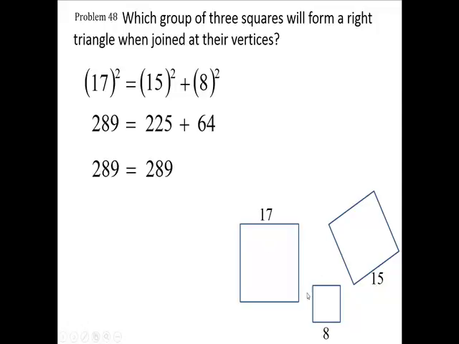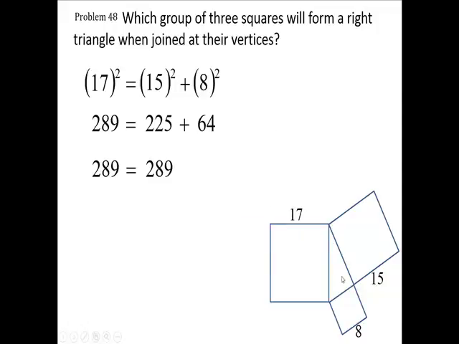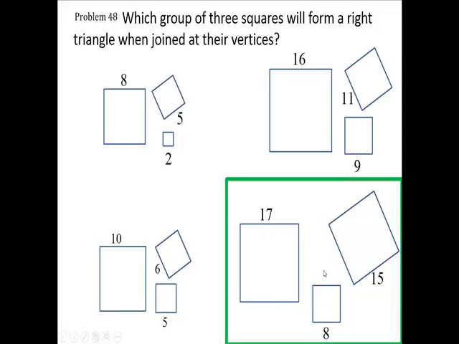So these three, when you bring them together, you'll get a right triangle, because the Pythagorean theorem works for these three numbers. So of the four, we pick this one. That's the one that gives us 289 on both sides. When you move them together, you'll get a right angle, a right triangle.